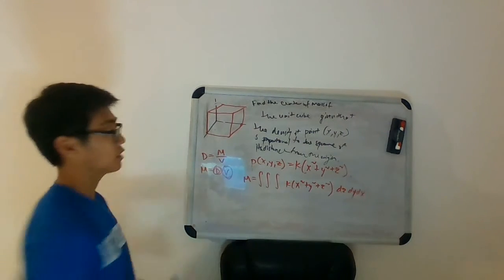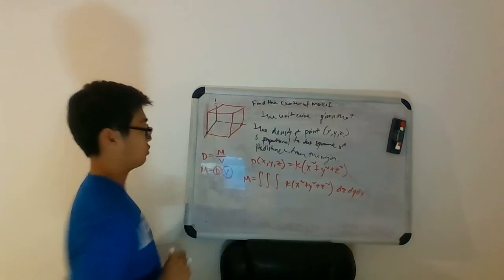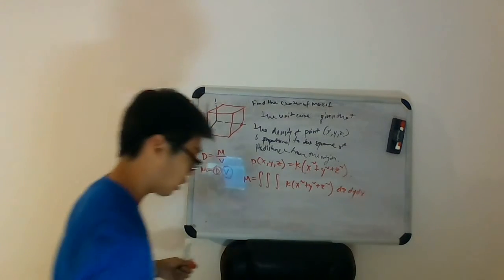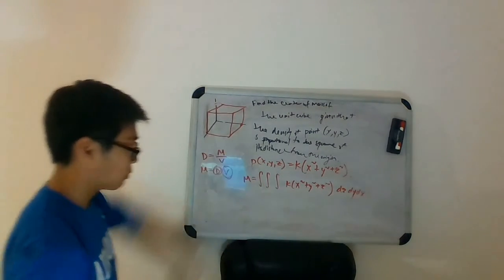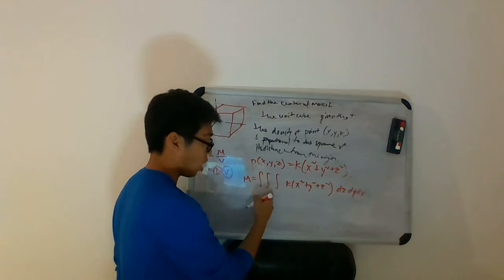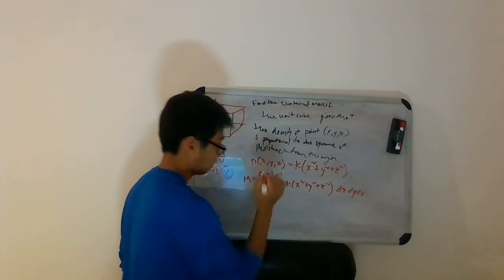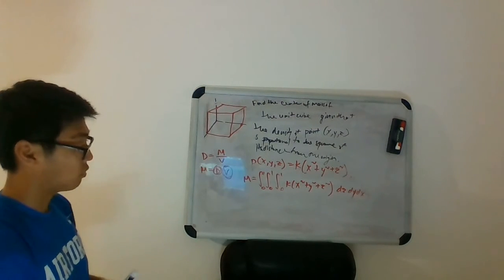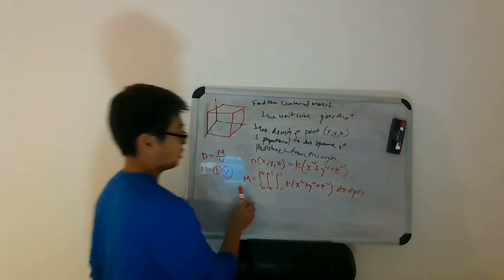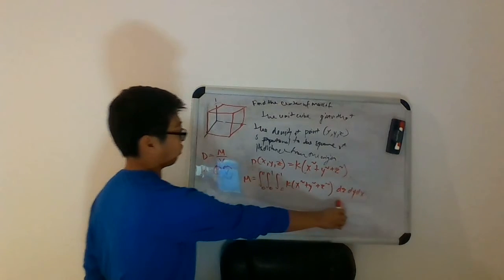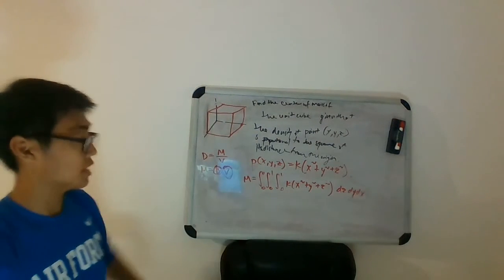And I said earlier that all of these points go up to 1. And so our lower and upper bounds for each z, y, and x will just be 0, 1, 0, 1, and 0, and 1. And so this is the expression for finding the center of mass of the unit cube.